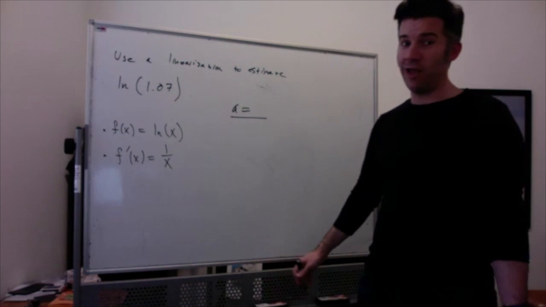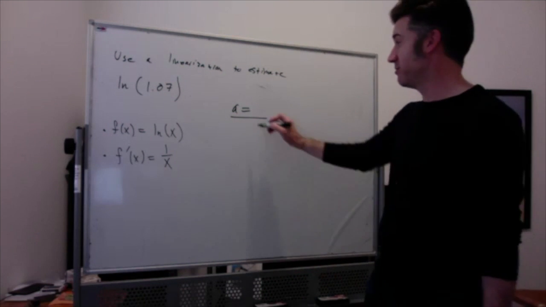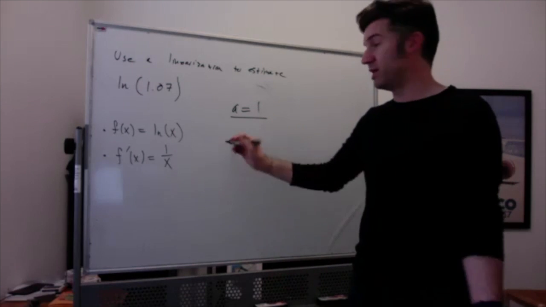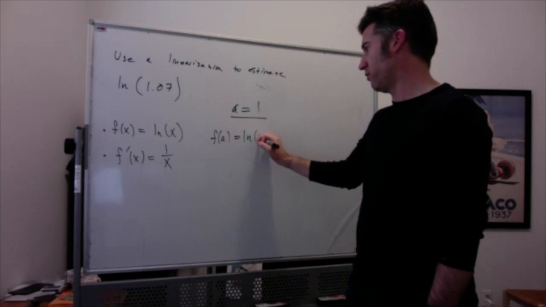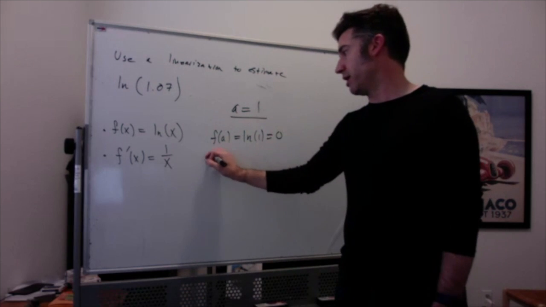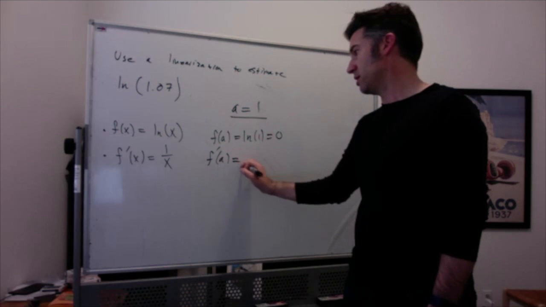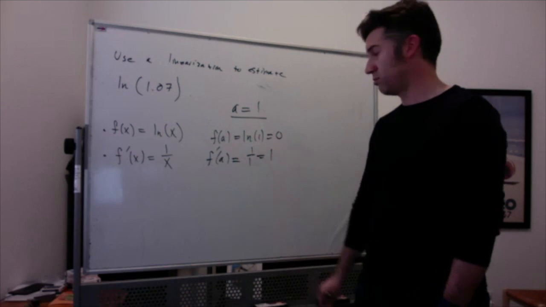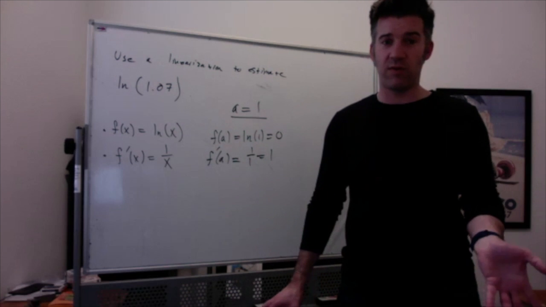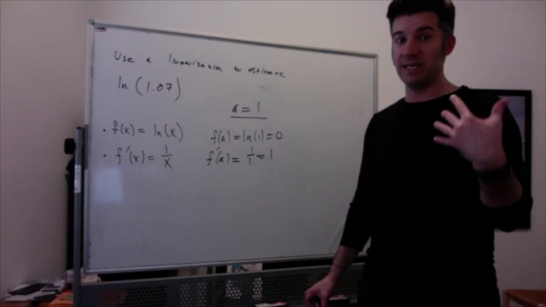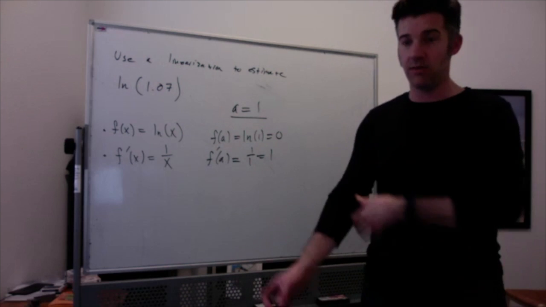There's only one answer, and it's 1. Because the natural log of 1 is 0. So f of a is the natural log of 1, which is 0. And f prime of a is 1 over 1, which is 1. So it's always our job to figure out what value of a we're trying to throw into our function, where a should be easy to evaluate.